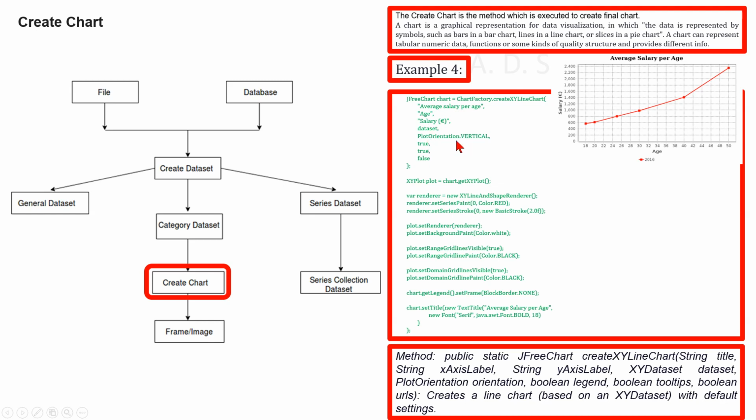Orientation, the plot orientation, horizontal or vertical, null not permitted. Legend, a flag specifying whether or not the legend is required. Tooltips, configure chart to generate tooltips. URLs, configure chart to generate URLs. This method returns the chart.